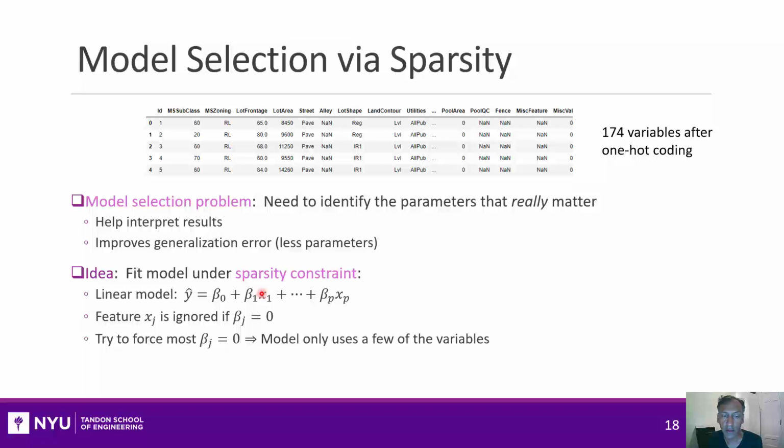So if I want a model that uses very few variables, it's equivalent to asking for a model where most of the coefficients are 0. In that case, that is called a sparse coefficient vector, and we want some way to ask when we perform the fitting to get a sparse solution.